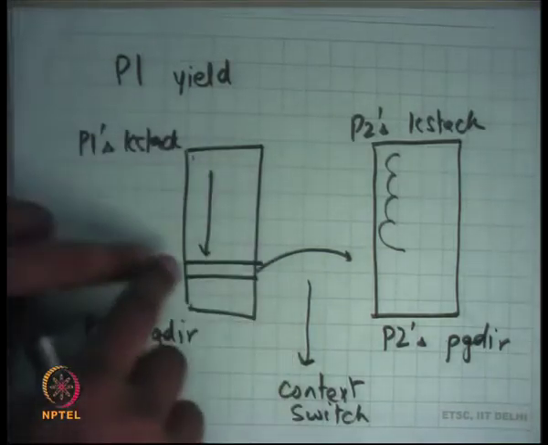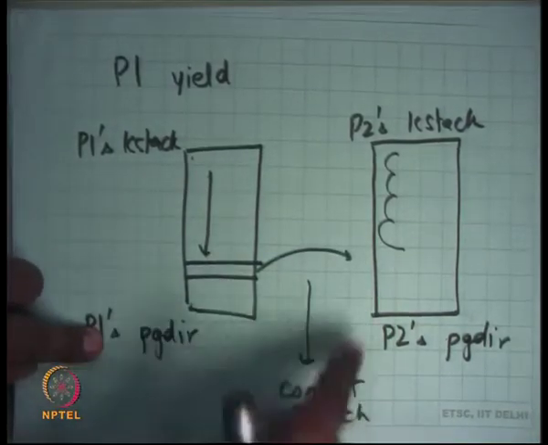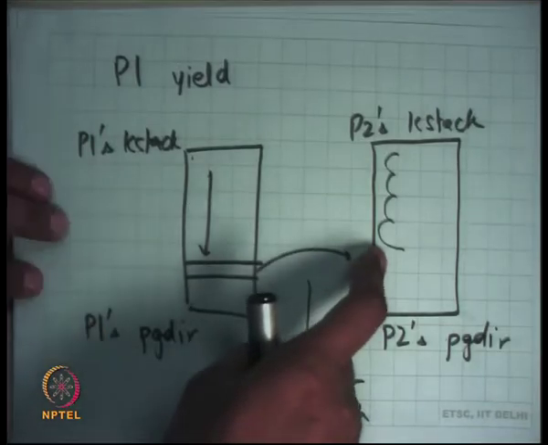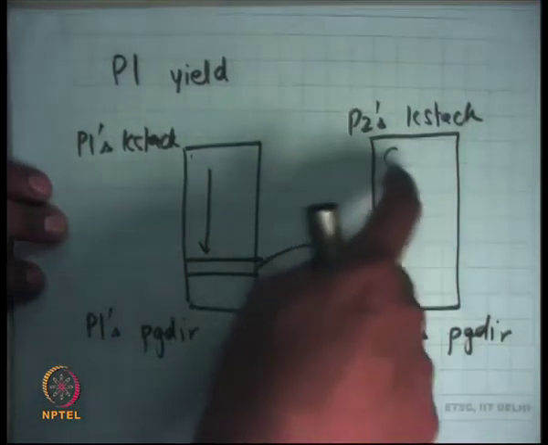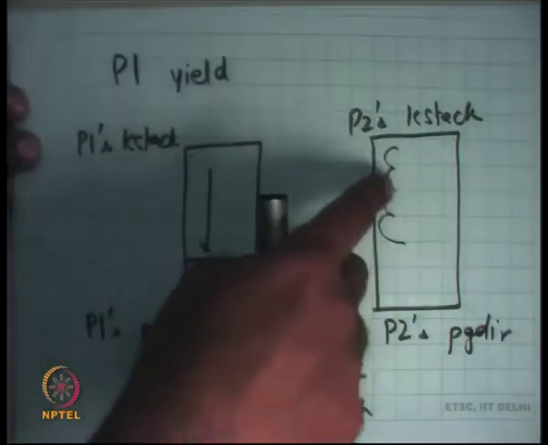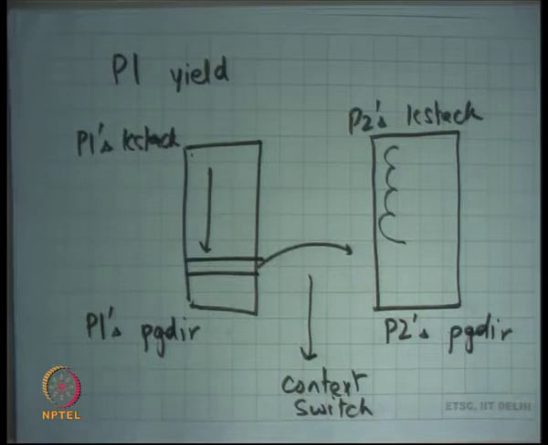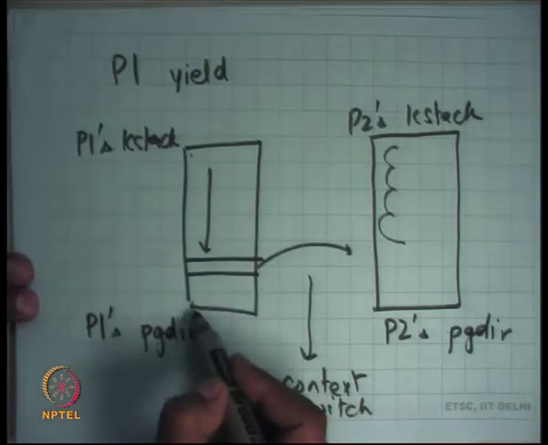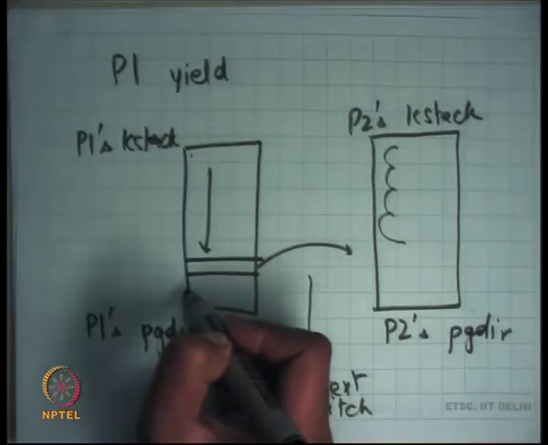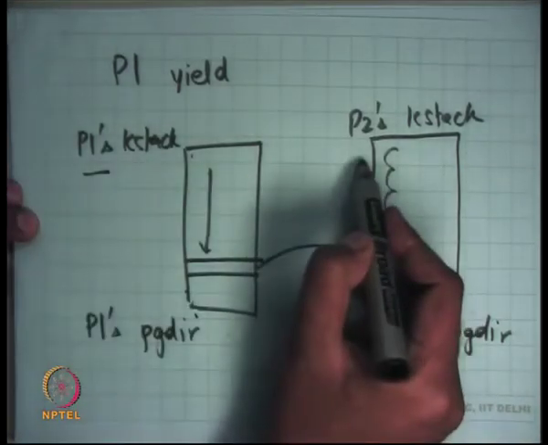So you change the K stack from P1 to P2, you change the page directory from P1 to P2, and then you just execute on this K stack, and then when this K stack gets unwound just like before, by returns, you actually end up in P2 exactly as it was executing the last time it got preempted, right. So what has happened is this K stack will get saved in memory, and this K stack will become active.